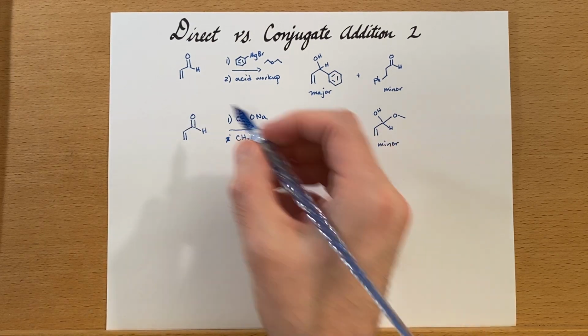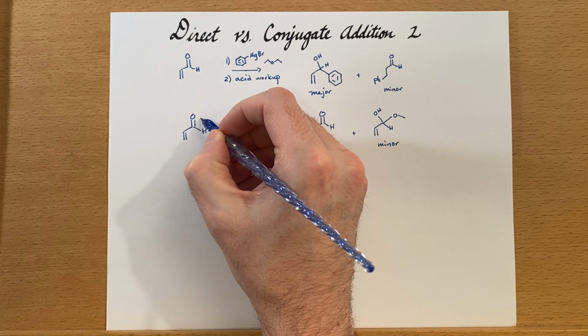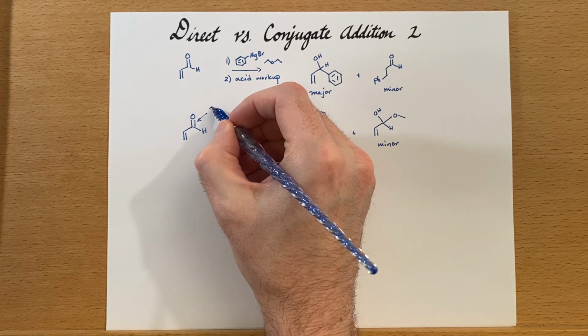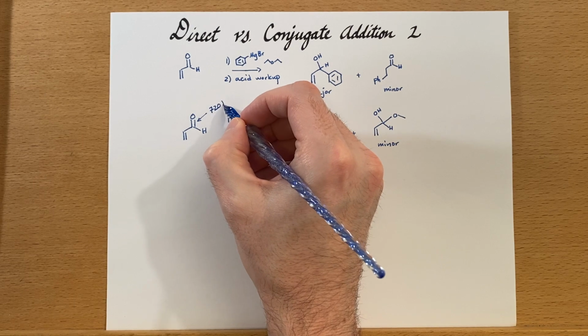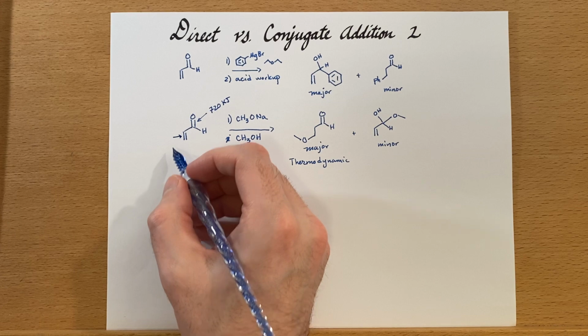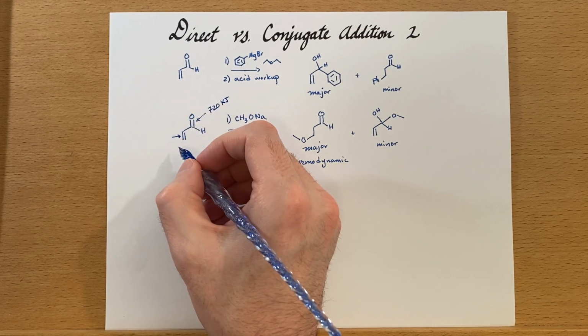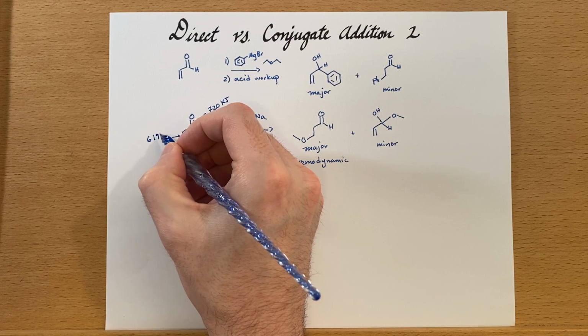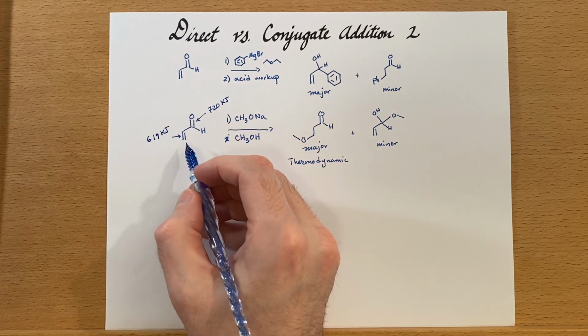And indeed, it's quite simple to find out why. This bond right here is about 720 kilojoules per mole. And the double bond here is only about 619 on average kilojoules per mole.